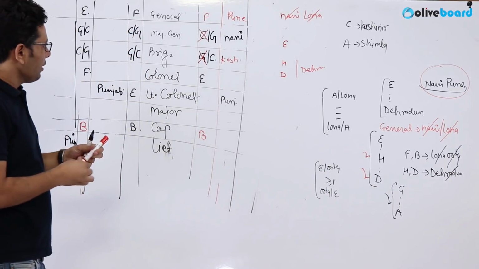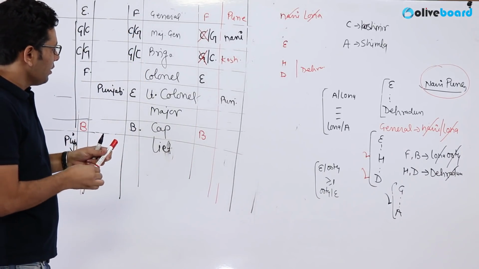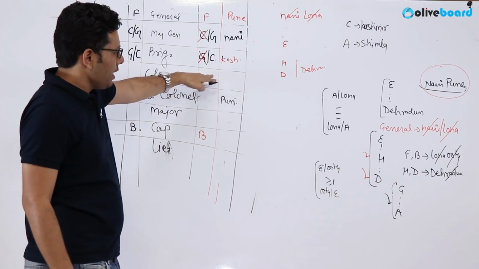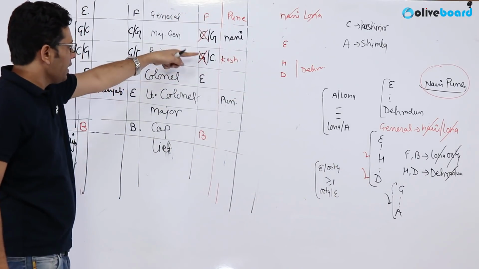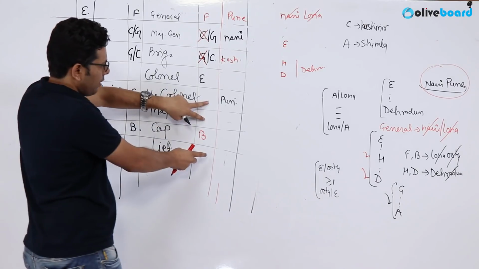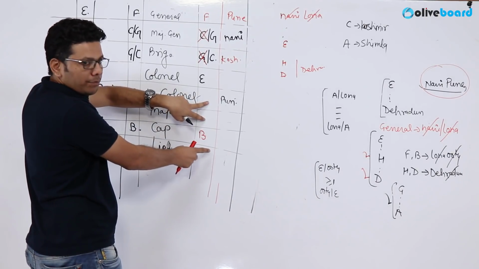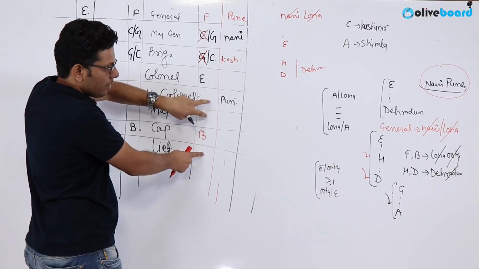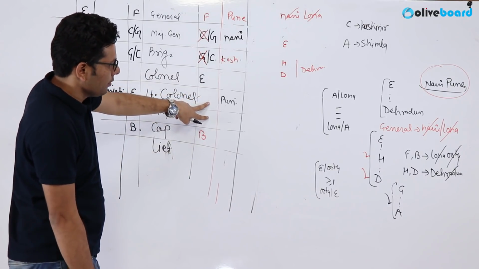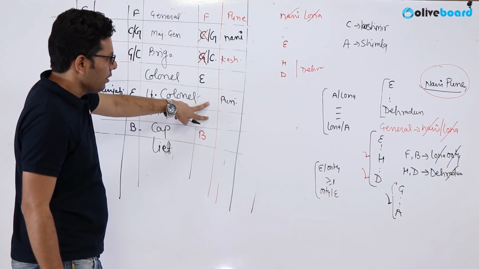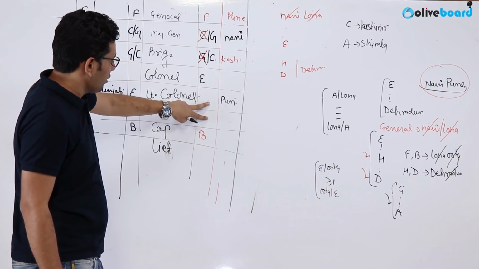And what more data do I have? Below the E, my H and D are there, and below the G, my A is there. I can put the A here, A likes Shimla, and H and D. Both H and D are not Dehradun.